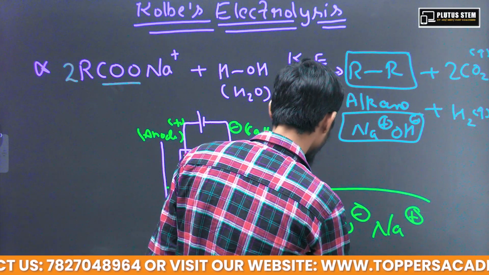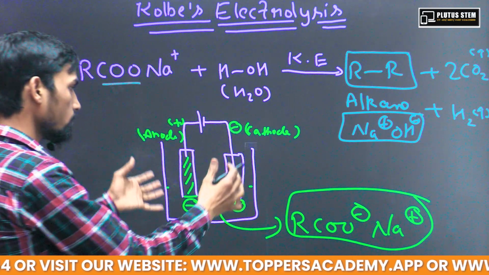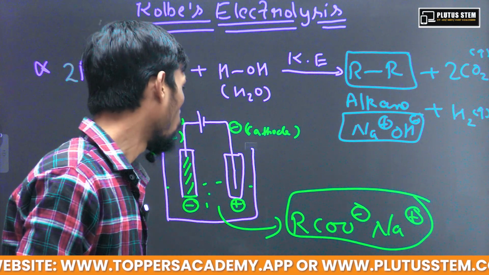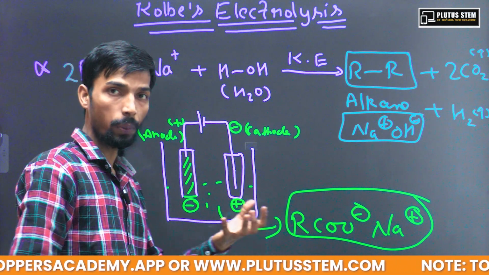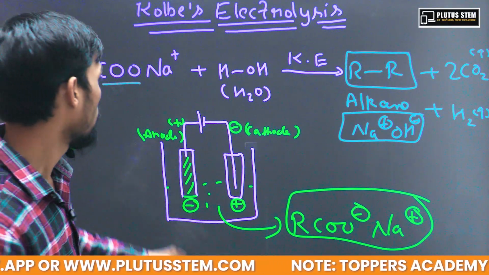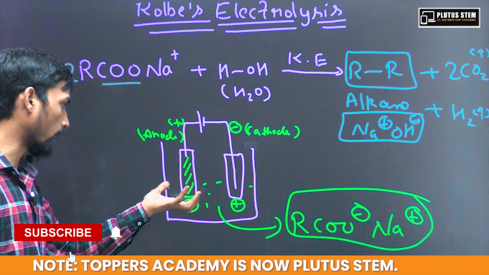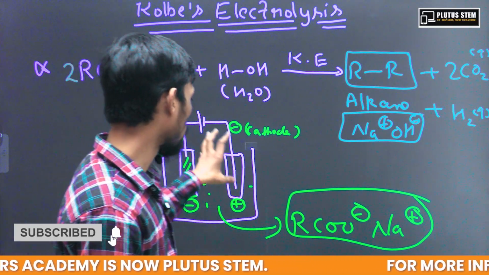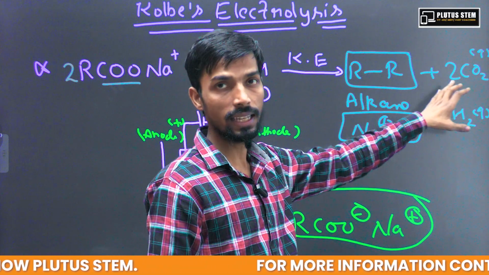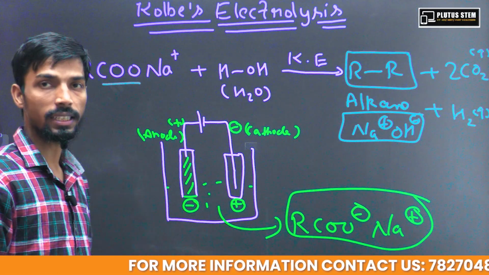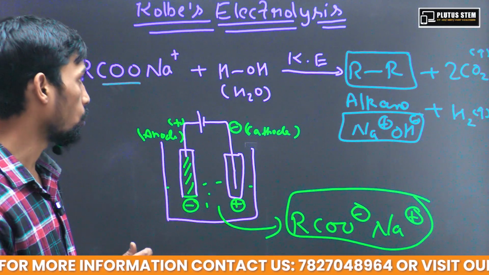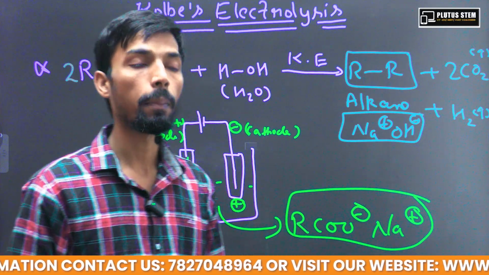After passing of electricity, what is going to happen? They are going to break up, some reactions are going to take place. Which moiety is going to come at the anode and which at the cathode, which gas is liberated at the anode and which at the cathode, all that we are going to see through the mechanism.